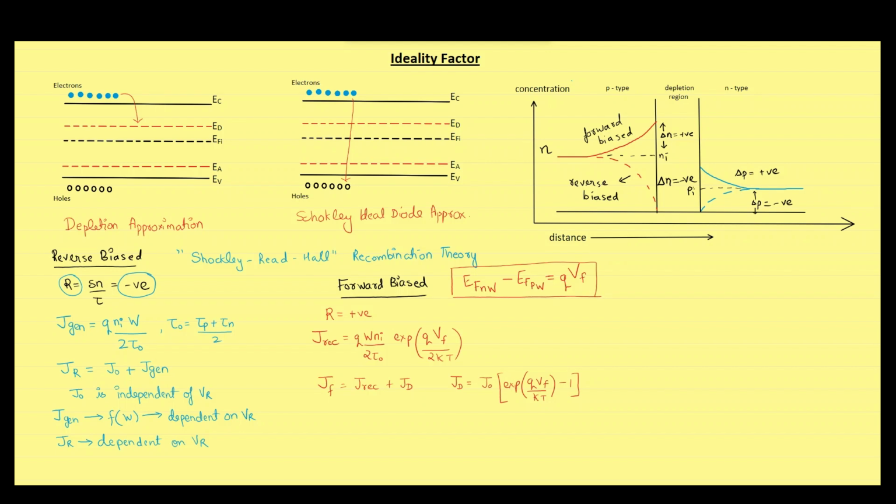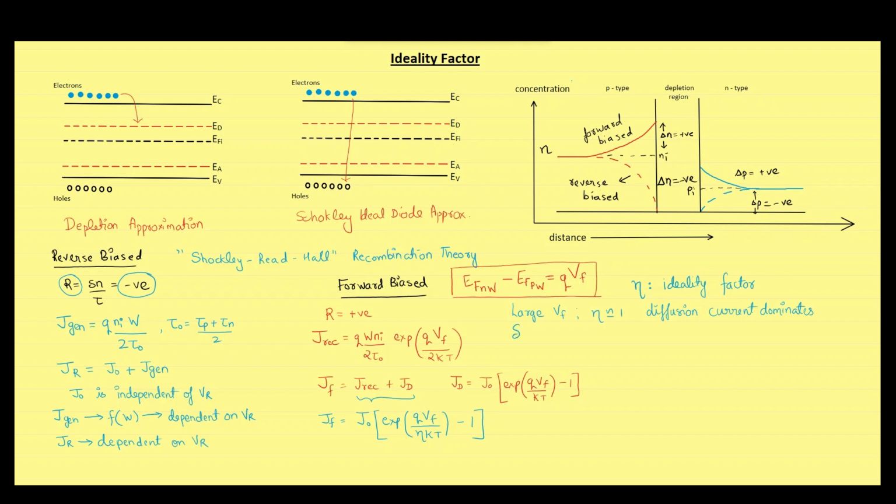To make things less complicated, this expression can be generalized as shown. Here, N is called the ideality factor. For a large forward bias voltage, the ideality factor is approximately equal to 1, as in such a case, diffusion current dominates.